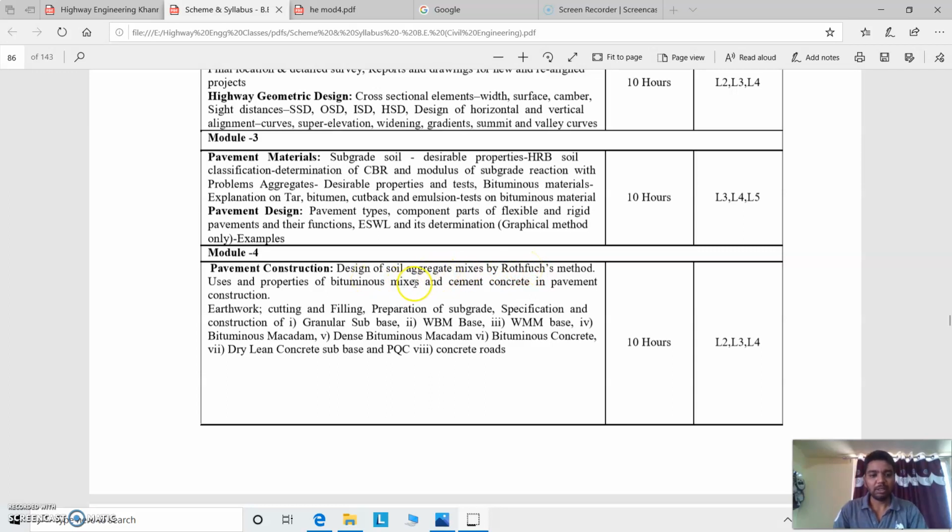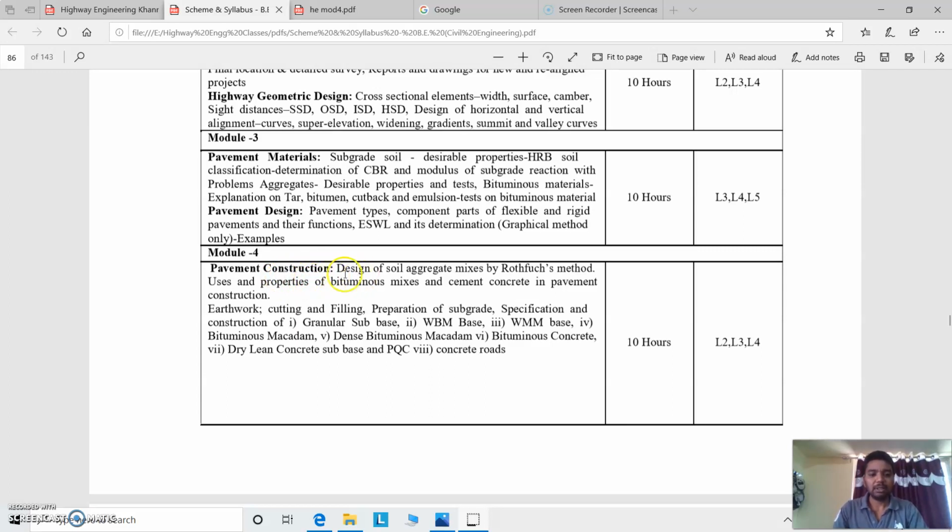Or you may get another question like: what are the properties of bituminous mixes that are used in pavement construction, or what are the properties and uses of the cement concrete pavement that is used in pavement construction, right? This is the content that may be expected from the fourth module, right?